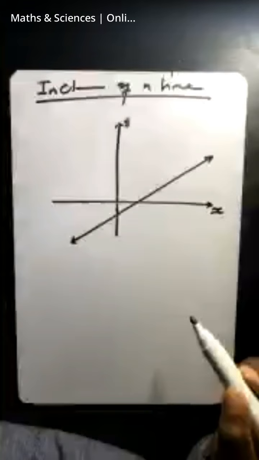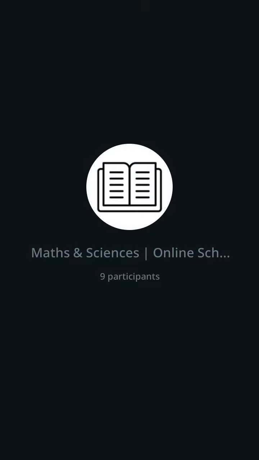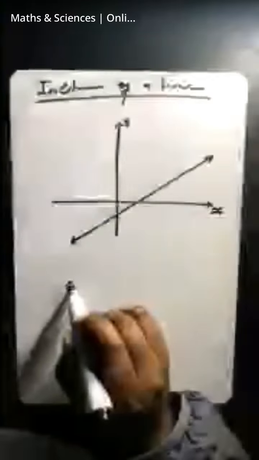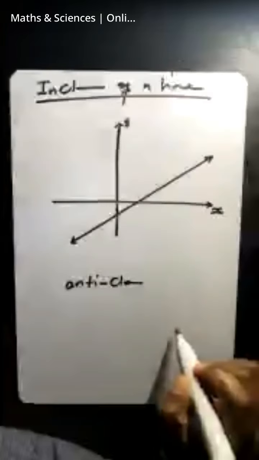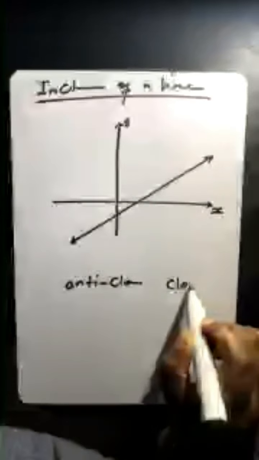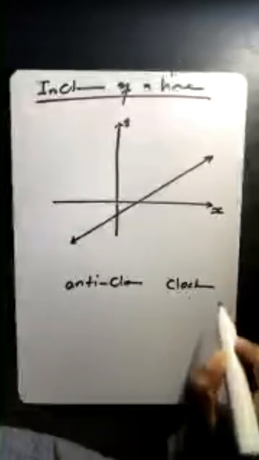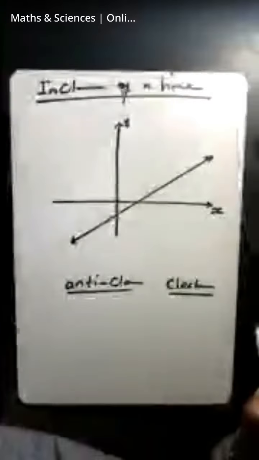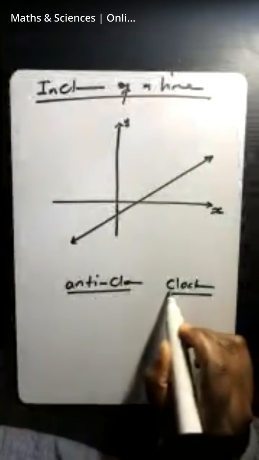The angle formed with the horizontal in an anticlockwise direction. Remember, guys, we've got direction which could be anticlockwise, or otherwise clockwise direction. Sometimes it could be confusing in terms of which one is which.